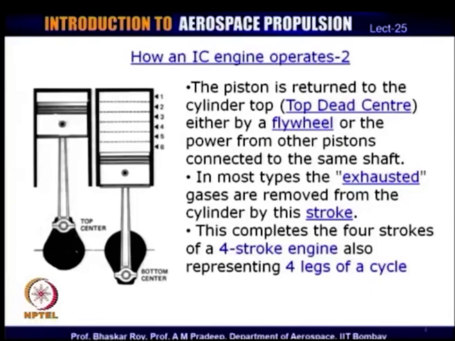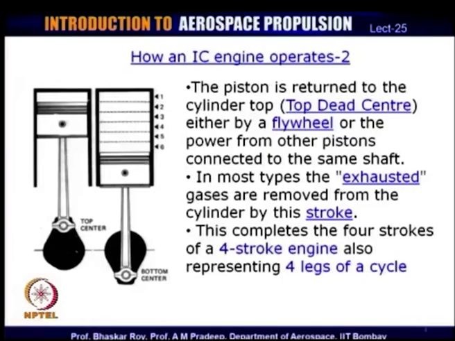Now, once the rotary motion is initiated, that motion is sustained by itself for another 3 strokes. So, the other 3 strokes are created by the continuous motion of these, which we may now call the flywheel for the time being. As the flywheel moves, the other 3 strokes are sustained till the next power stroke comes.